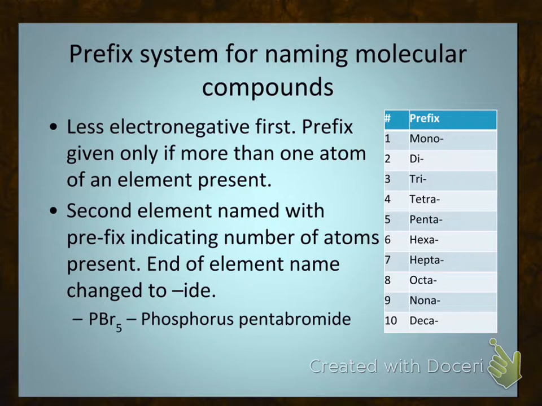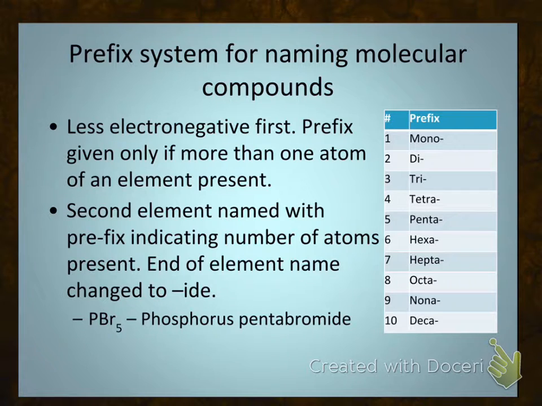Another way to think of this is to consider that the one that would be more likely to form a cation is the one that goes first, which kind of echoes what we've done with ionic compounds, that our cations always go first. Now, in the first element, we give a prefix if there's more than one atom present.